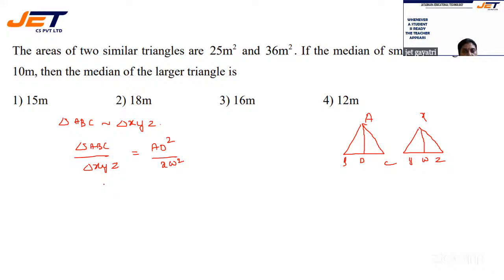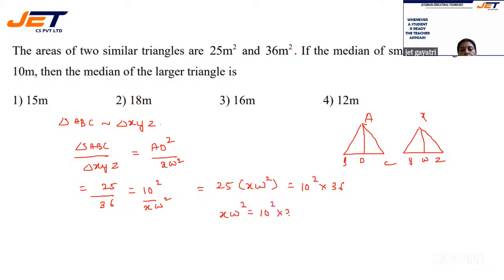So what is the area of triangle ABC? 25 by 36 is equal to AD square by XW square. They have given one median as 10, the other we don't know. What is XW square? Very simple, you just have to cross multiply. 25 into XW square is equal to 10 square into 36, whereby XW square is equal to 10 square into 36 by 25.